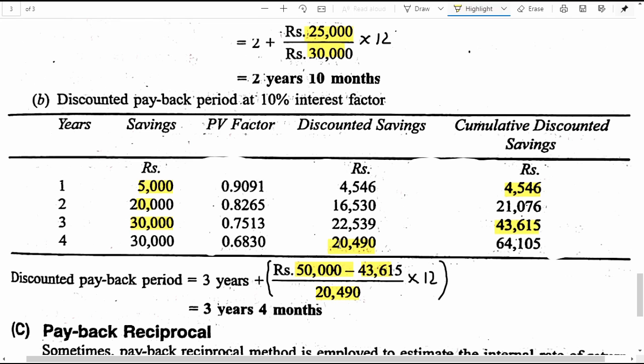We calculate 6,385 rupees into 12. You put the 3 years in which we will be able to recover 43,615 rupees first. So 3 years and 4 months will be the discounted payback period for this project.